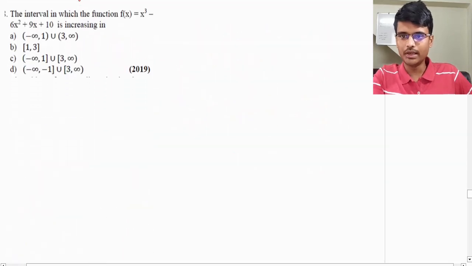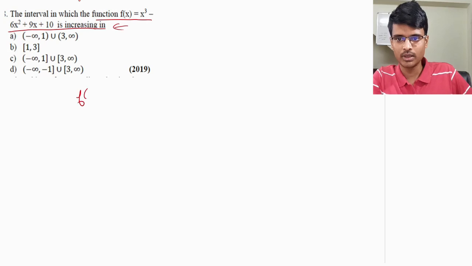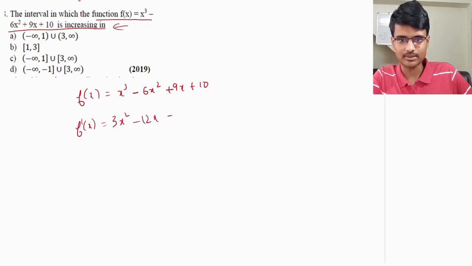The interval in which the function f(x) = x^3 - 6x^2 + 9x + 10 is increasing. Okay, good question. We'll solve this question. f(x) = x^3 - 6x^2 + 9x + 10. So differentiating, I get 3x^2 - 12x + 9.